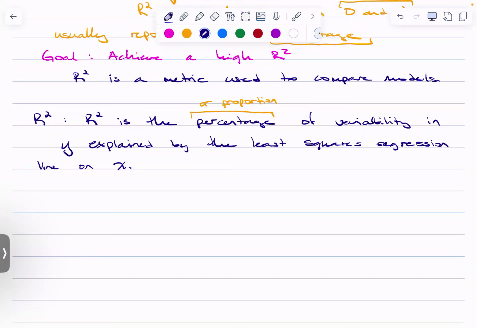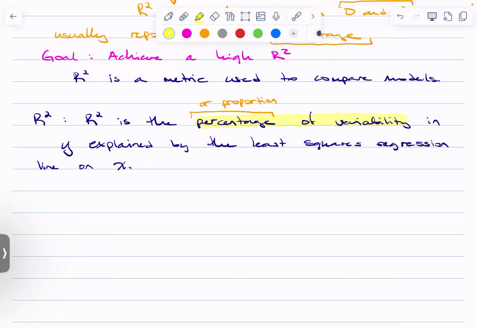We don't get a lot of time for me to harp on this. But what I do want you to start building in is, as soon as you see something about the percentage or proportion of variability, you should just think, oh, percentage of variability, I know what that is.